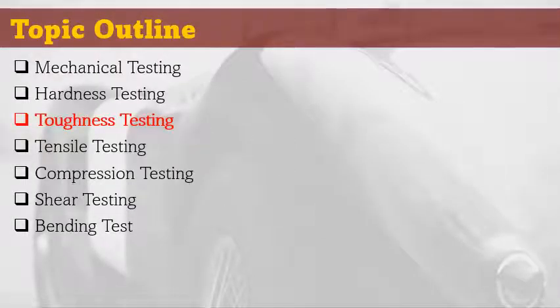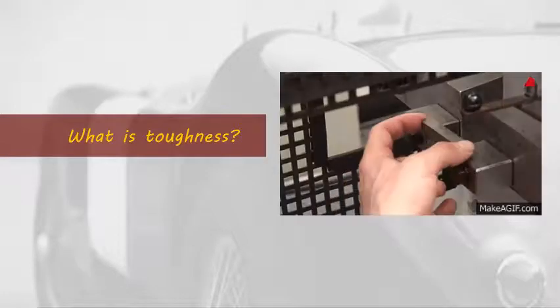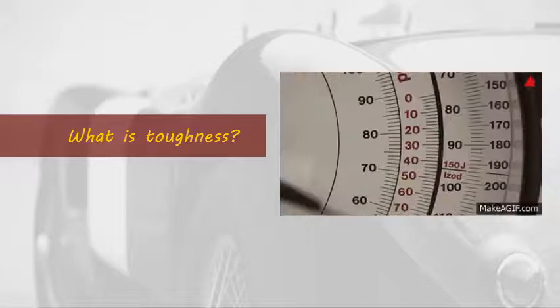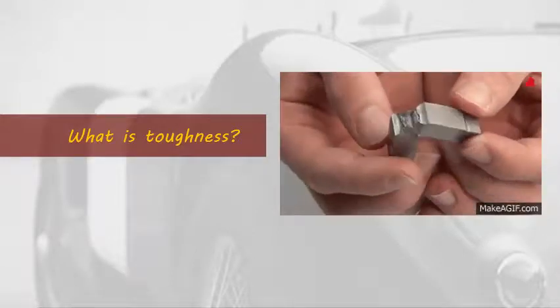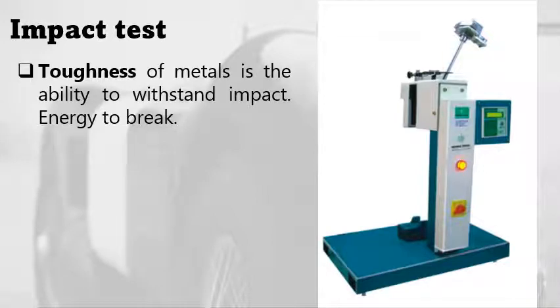Now that we know the hardness testing, let's proceed to toughness testing. So what is toughness? Toughness test is also called impact test, where it measures the toughness of metals.